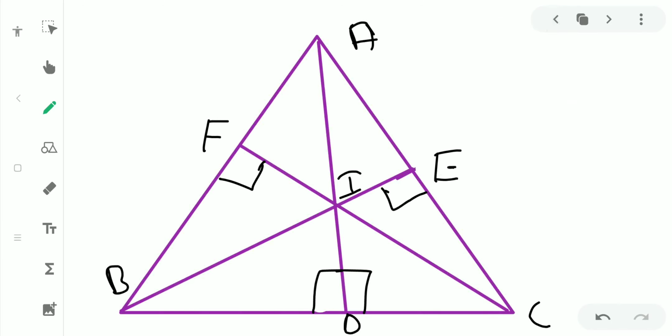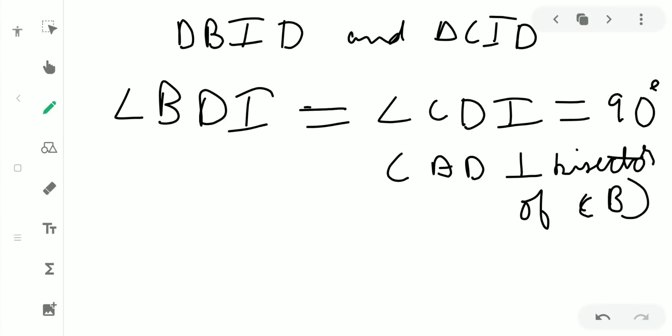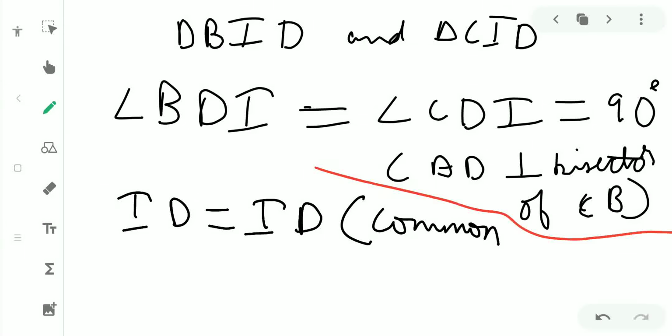And now, what else we can take is this line, because it is common on this side and it will be equal in length. So I'll take ID is equal to ID, common.